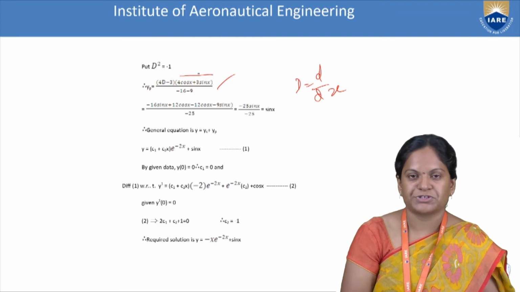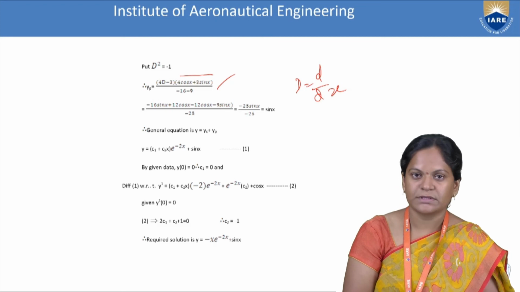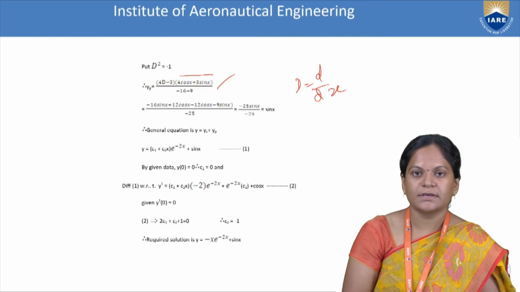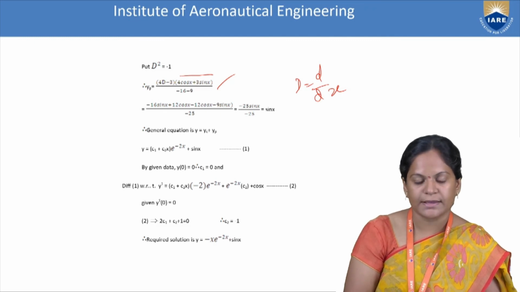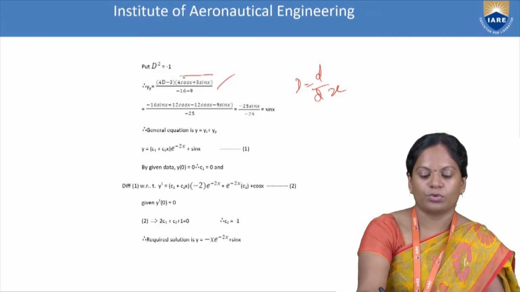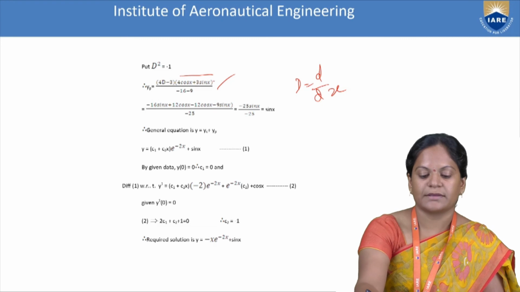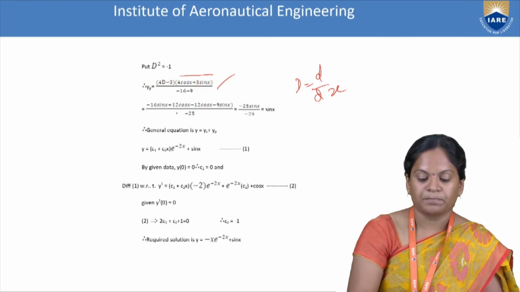D is nothing but differentiation. Also already we know the differentiation of cos and the differentiation of sin. What is the differentiation of cos? Differentiation of cos is minus sin, and differentiation of sin is cos x. So 4D into 4 cos x gives minus 16 sin x, and 4D into sin x, differentiation of sin becomes cos x, gives 4 3s are 12 cos x.